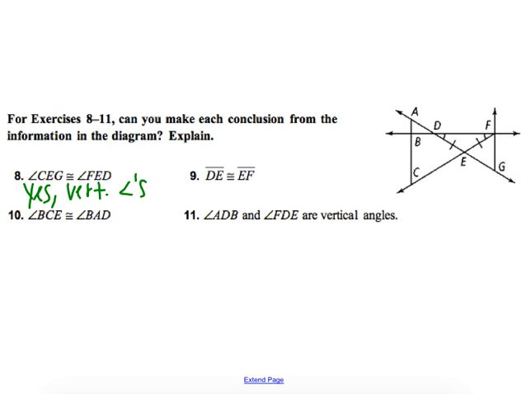Number 9, DE, where is DE? So from here to here is congruent to EF. Are those congruent? Well, we know that is true because of these little tick marks telling us they are congruent. So we're going to say yes, congruent marks.